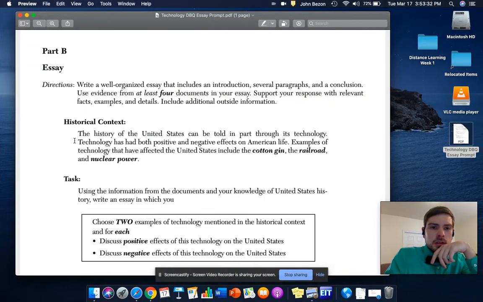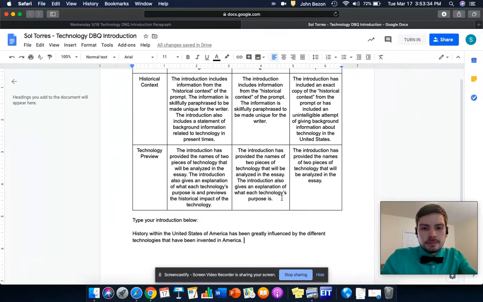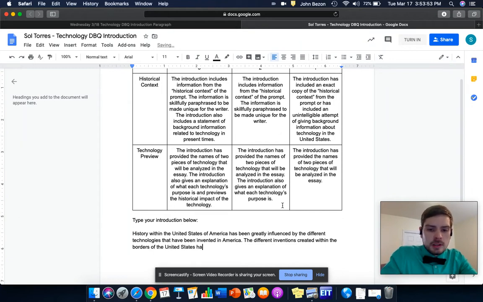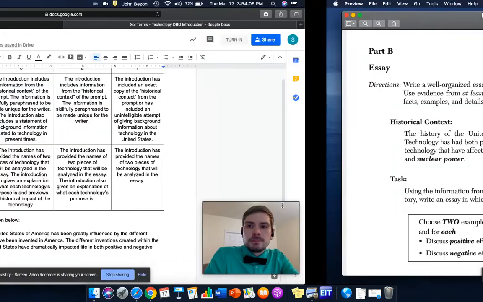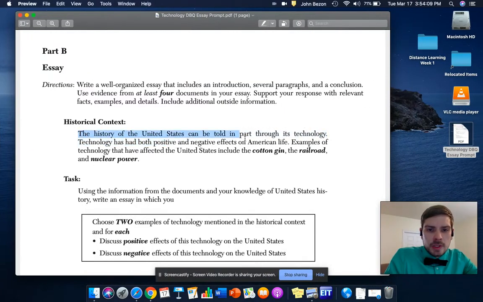That's the first one. The different inventions created within the borders of the United States have dramatically impacted life in both positive and negative ways. So all I have done is reworded this.